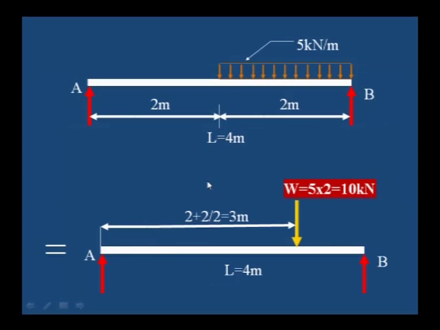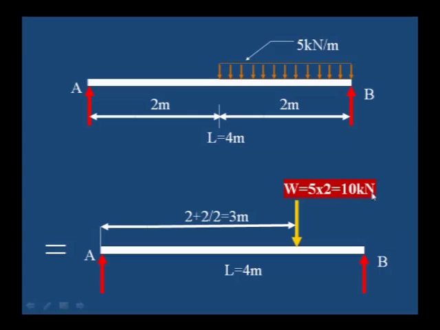Here I have given some examples of how to convert the uniformly distributed load to the point load for calculation purposes. This A and B is simply supported, which carries a uniformly distributed load for a distance of 2 meter from the right support. B is the right support, A is the left support. The intensity is 5 kilonewton per meter, multiplied by 2, 5 into 2, is 10 kilonewton.